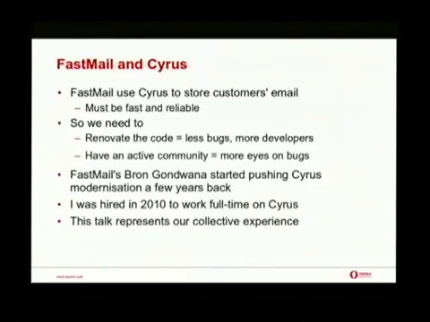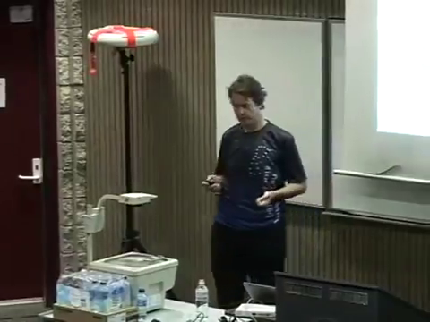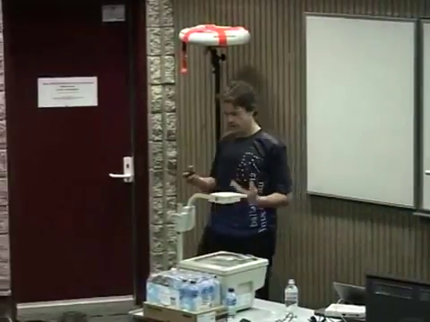Yeah, it's awful. There's dozens and dozens and dozens. Anyway, Fastmail and Cyrus. So Fastmail use Cyrus to store customers' email, which means it's actually important that it work and work reliably. And so as part of that, when you rely on open source software like that, you really have to be part of the community and foster the community.